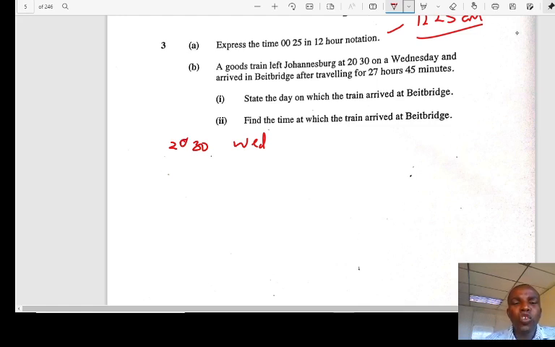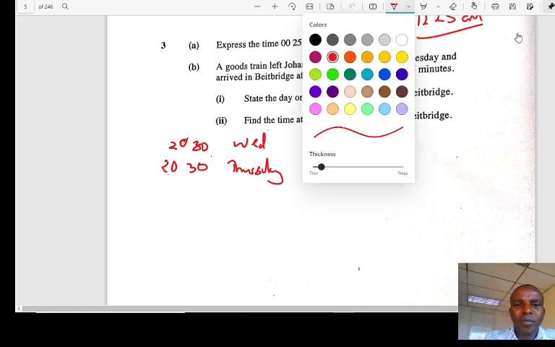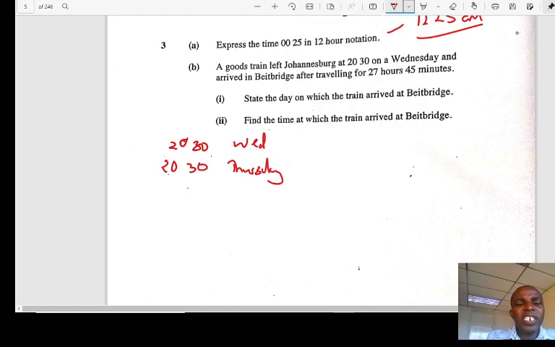So first, you have to do it actually in stages. So first, you take 24 hours. That's one day from 27 hours, 45 minutes. So it will be 2030 the next day, which will be a Thursday actually. Then after that, we are left with how many hours?